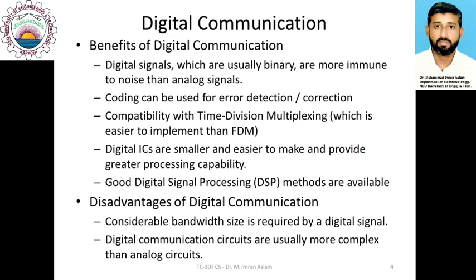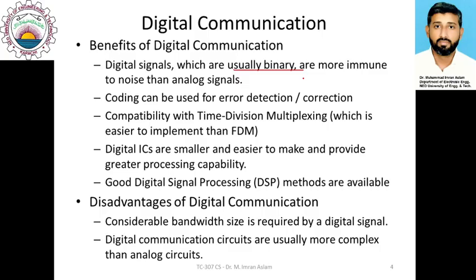So as I mentioned, there are certain advantages that we observe in digital communications when we compare it to the analog systems. So let me quickly summarize those advantages. Firstly, because in digital signals we usually work on binary communication, binary signals are more immune to noise and interference as compared to the analog signals.